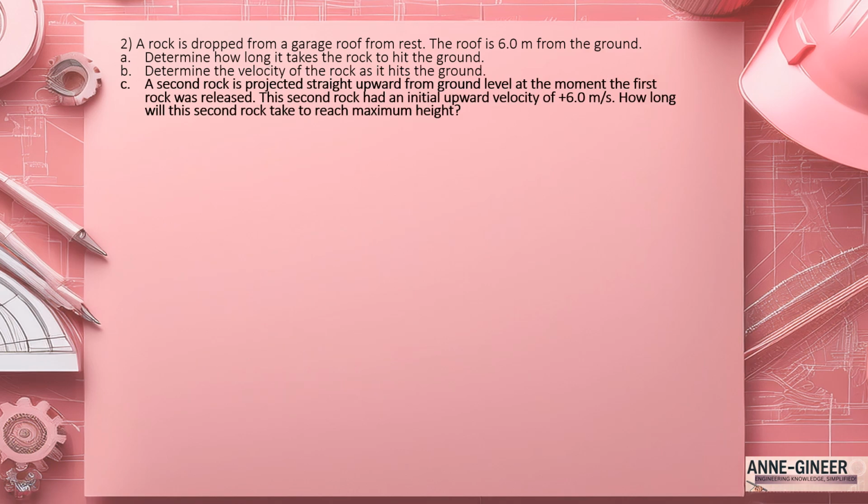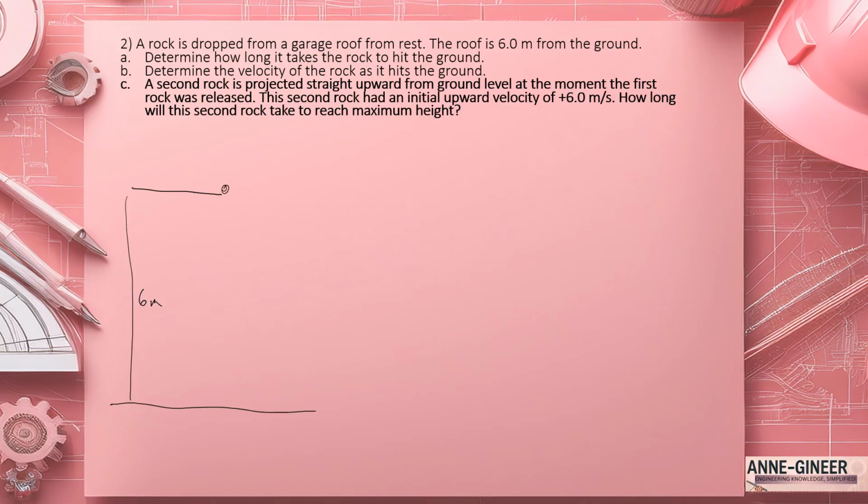For the last question, a second rock is projected straight upward from ground level at the moment the first rock was released. Here, this is the garage roof, and this is 6 meters.